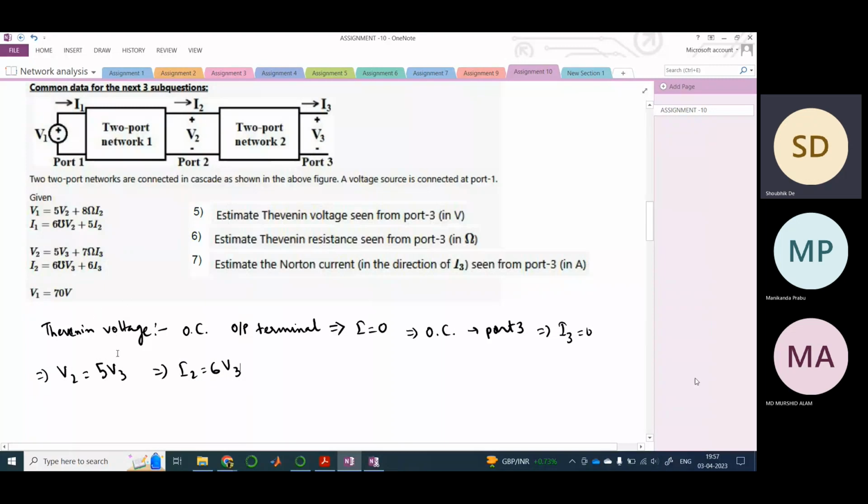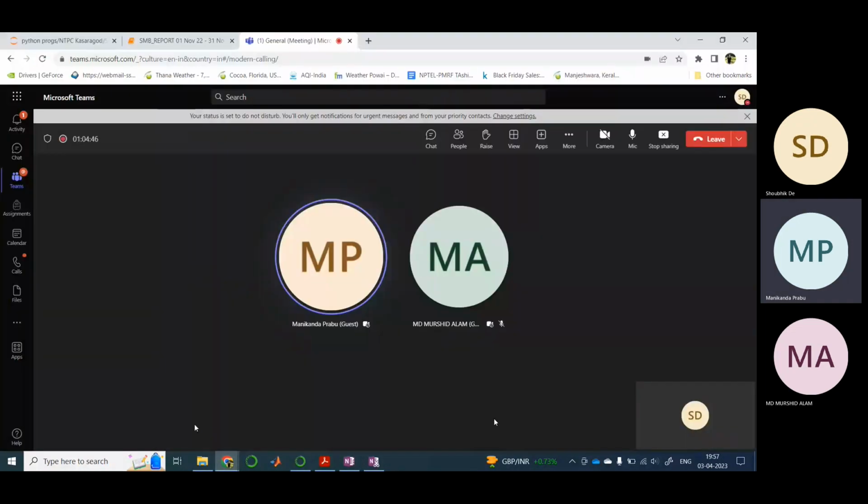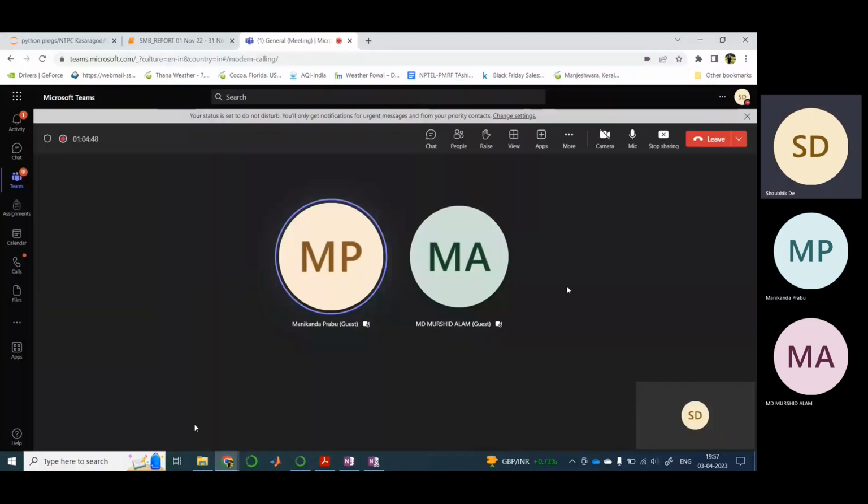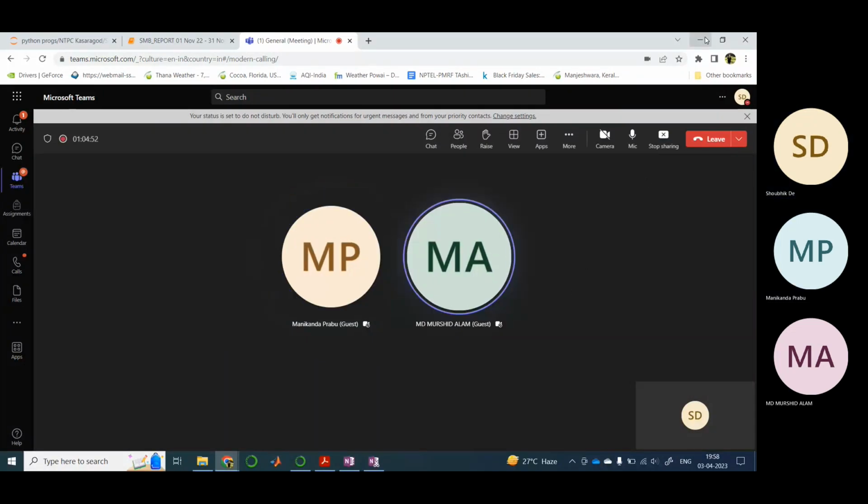Did you understand why I3 is 0 and how we arrived at this equation? Guys, did you understand this? If you have any doubt, please do ask. Murshid, Manikananda, yes sir, understood sir. Murshid, Alam, you understood? Yes sir, understood.